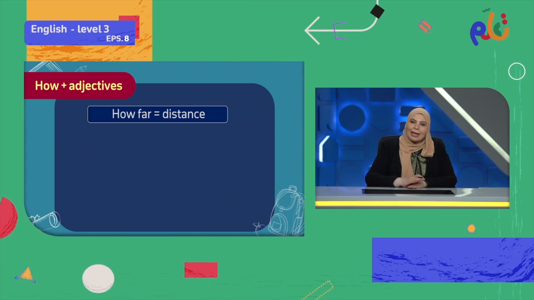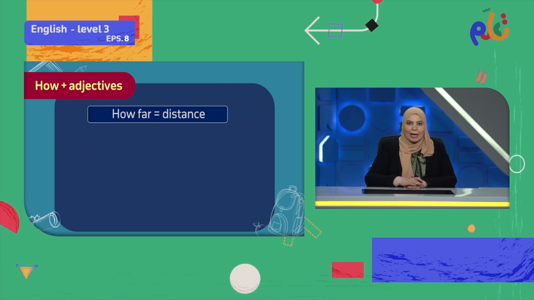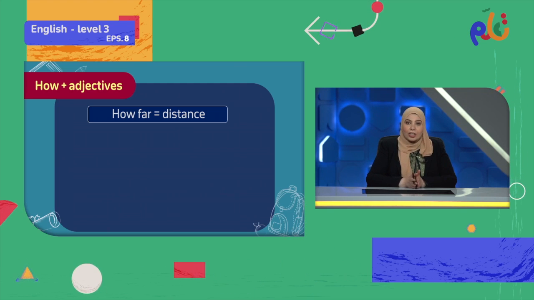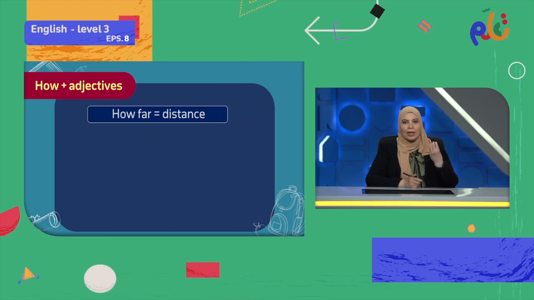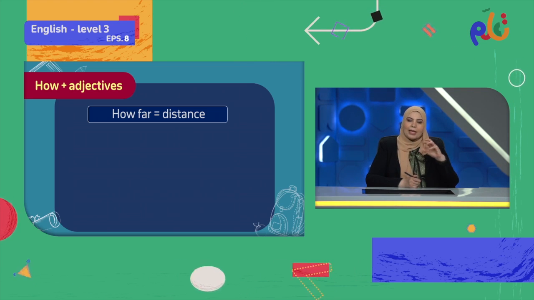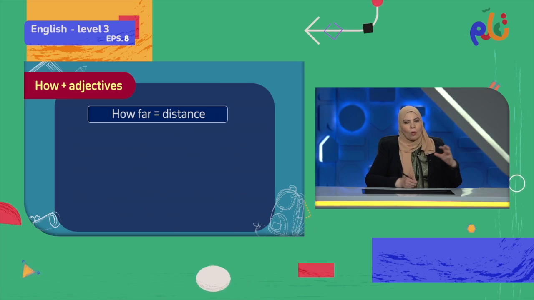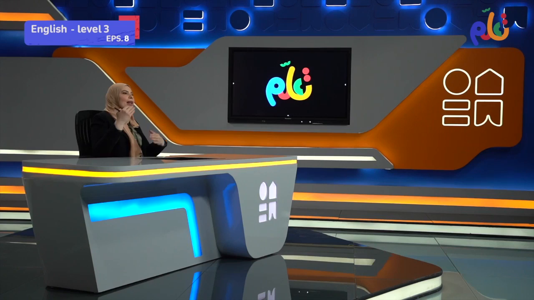If I put an adjective with the question word how, the meaning of the question changes to something completely different. For example, from how do you go to school, I say by bus, you are asking how. How turned from meaning 'in what way'. When I say how high is Mount Everest, in this case it changed from 'in what way' to 'what height'. So the question changed completely.